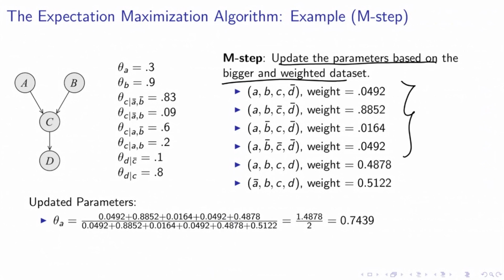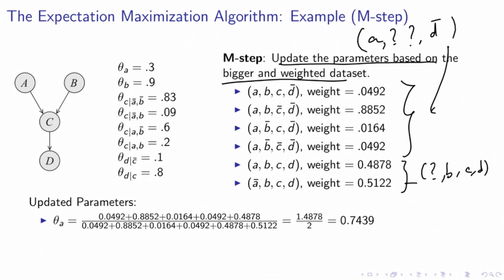The first one was A ? D bar, and the second partially observed point was ?BCD. These are the completions of the second point, and the first 4 are the completions of the first point. Now that you're given this bigger and weighted data set, you can update the parameters in the M step. So how do I update the parameter theta A, for instance?